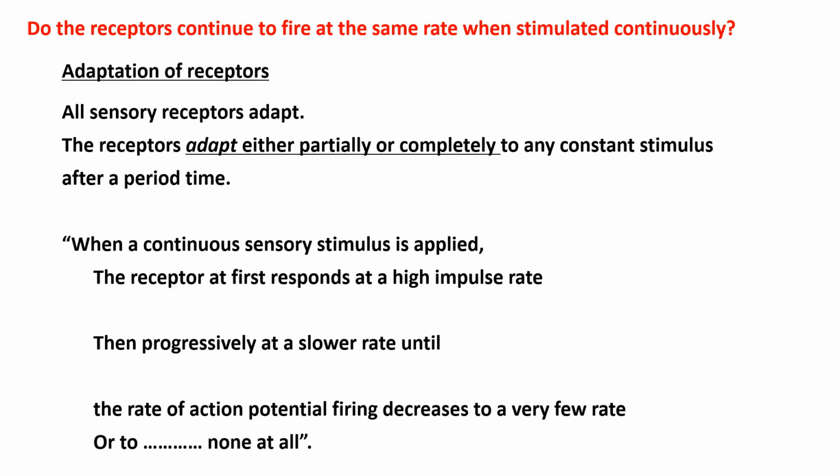The receptor at first responds at a very high impulse rate, and then progressively it responds at a slower rate until the rate of action potential firing decreases to very, very few, or even to none at all. It stops firing completely. As I mentioned just now, some receptors adapt faster than others.